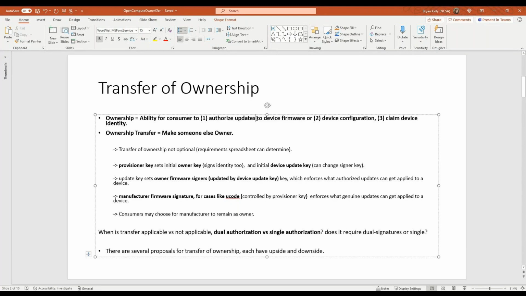Yeah, I don't know whether that's true though, because this is to authorize updates. I guess there's levels to it, right? You can authorize only legitimate updates. So, for us to authorize genuine updates to the OS firmware, yeah, that's possible. Oh, okay.